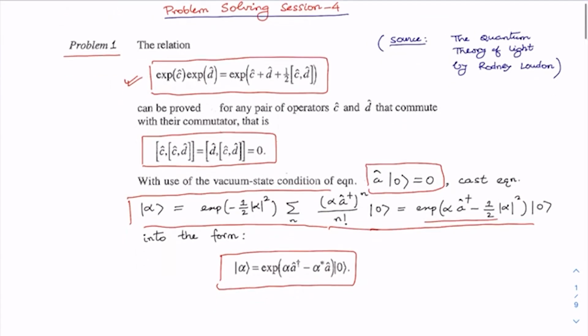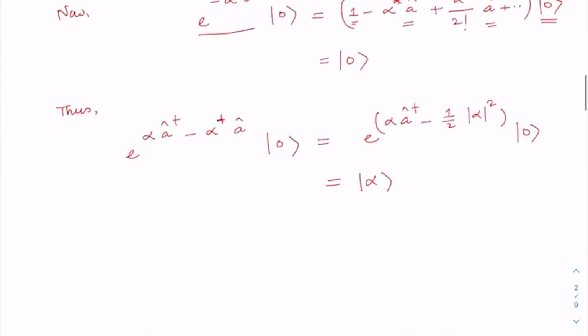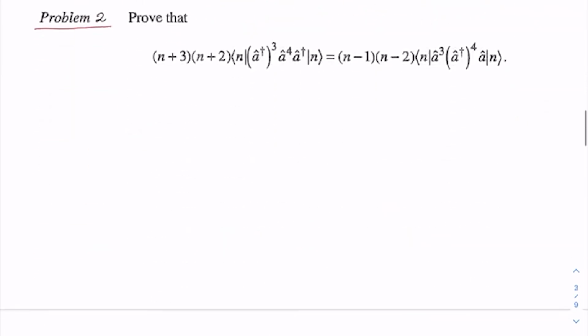So this is your |alpha>, and therefore we have written it in the required form. It implies that |alpha> is equal to exponential of alpha A dagger minus alpha star A acting on |0>.